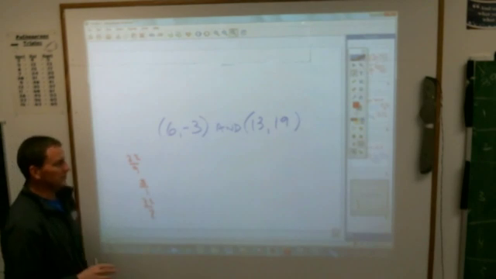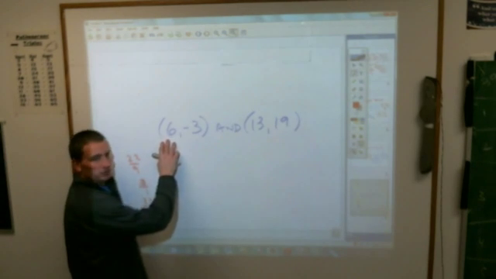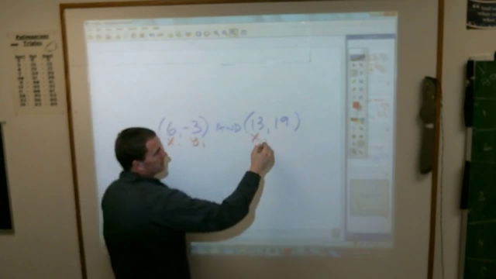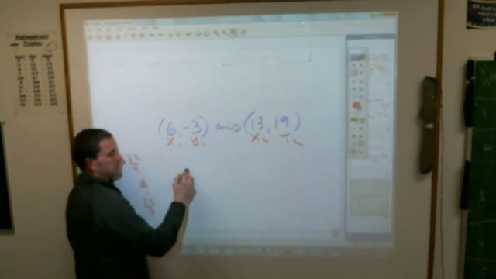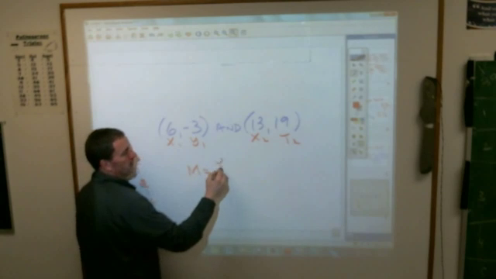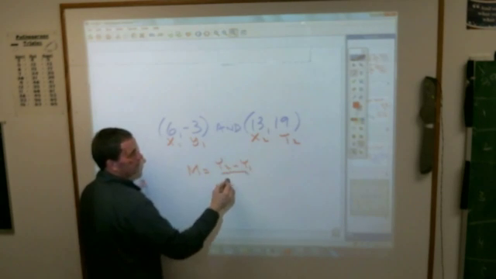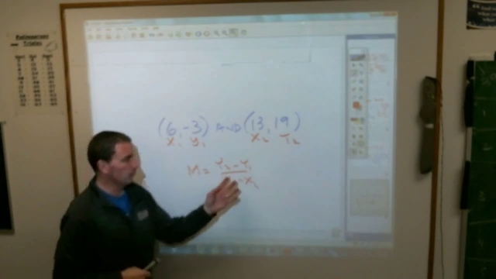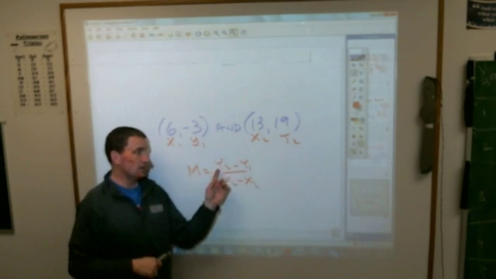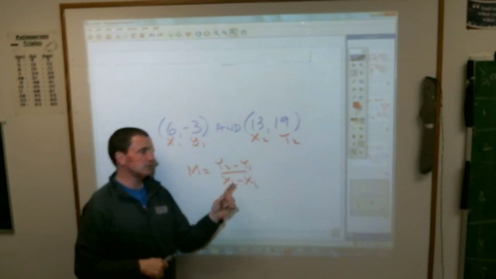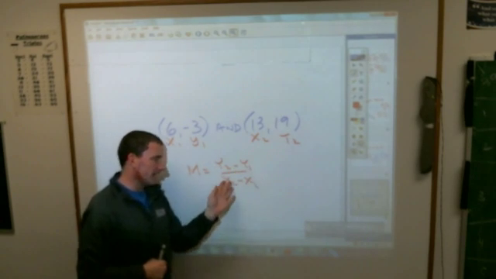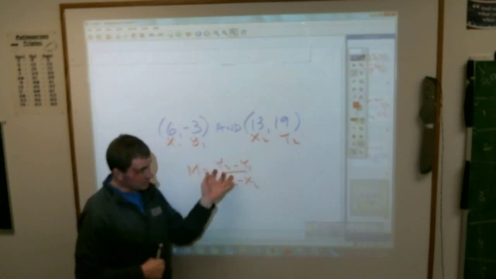Alright, let's look and see. I assume you made x1, y1, x2, y2. M equals y2 minus y1 over x2 minus x1. By the way, it wouldn't matter if you flipped this formula and said y1 minus y2 over x1 minus x2, but you could not do y2 minus y1 over x1 minus x2; you have to be consistent that way.